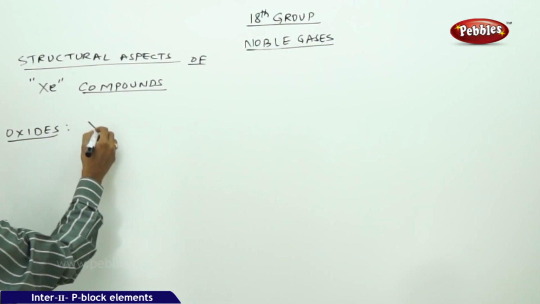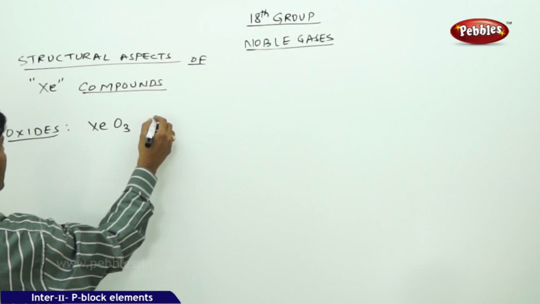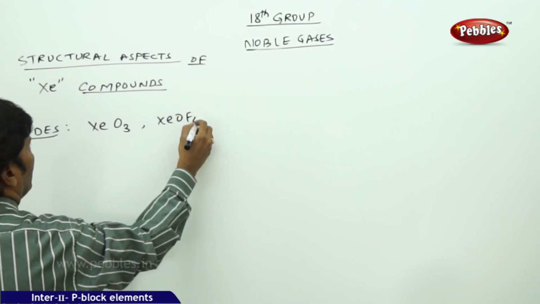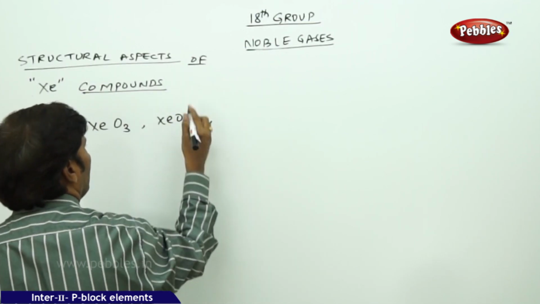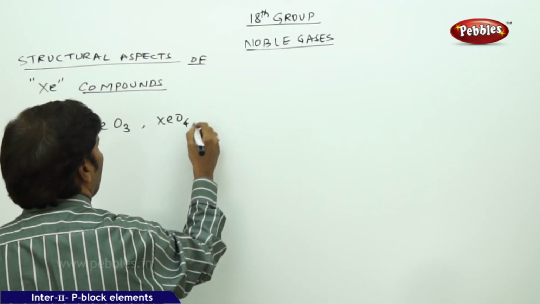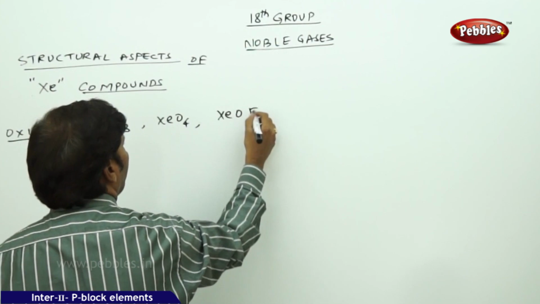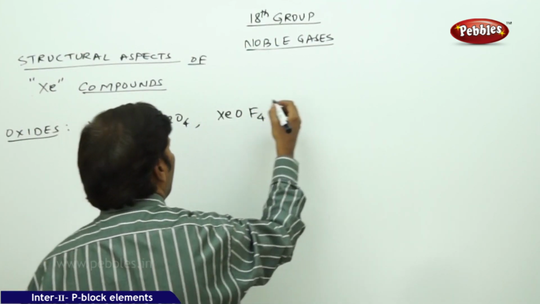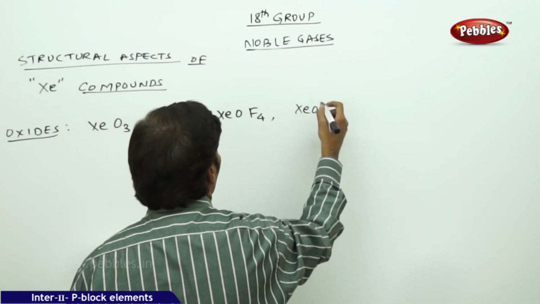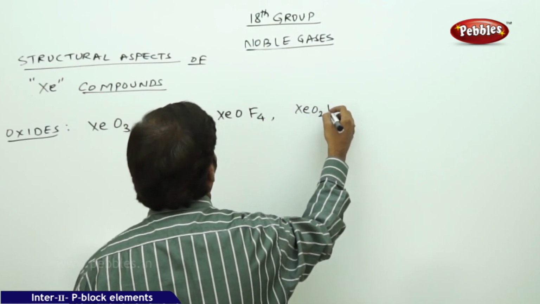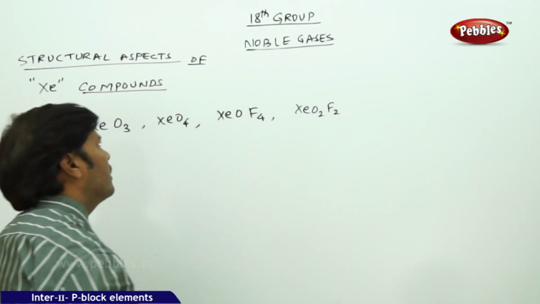If you go for oxides, we have XeO3 and XeO4, and you can take XeOF4, and even you can take XeO2F2 also.